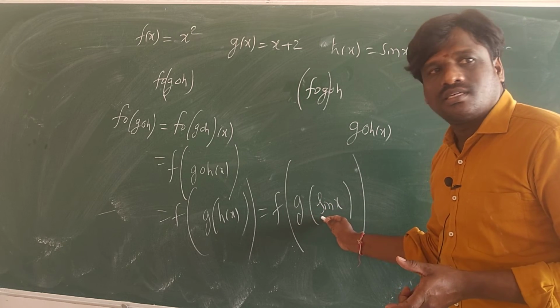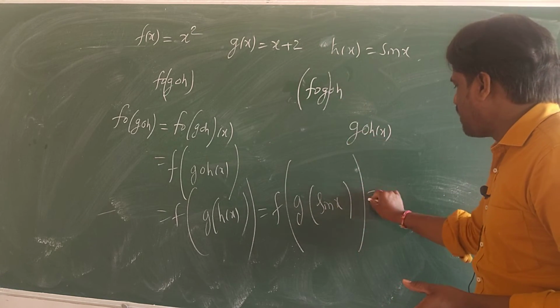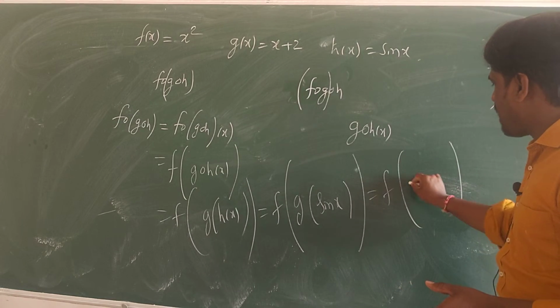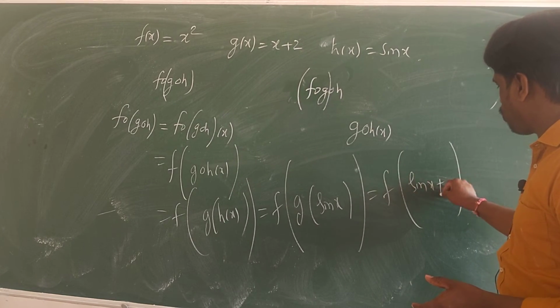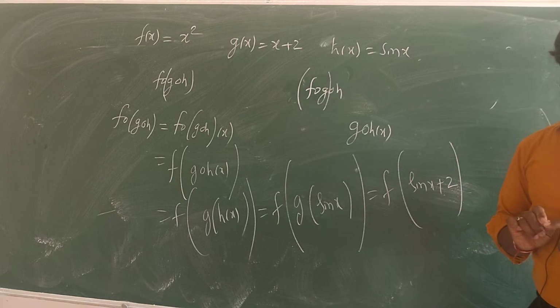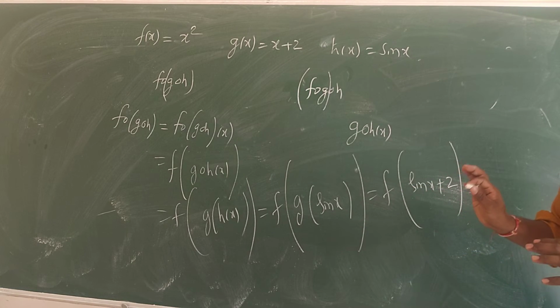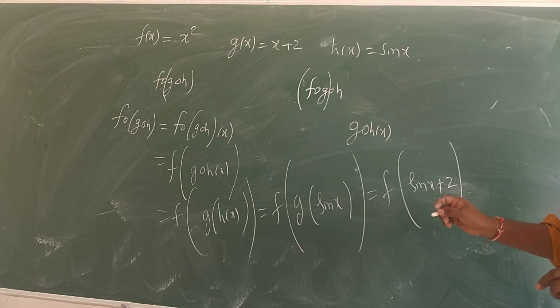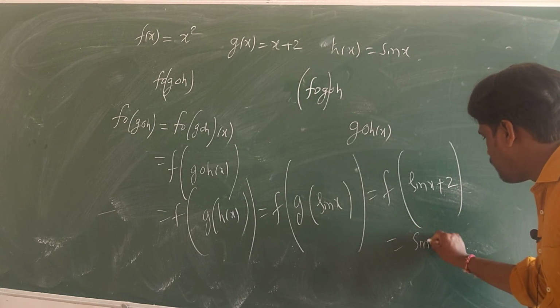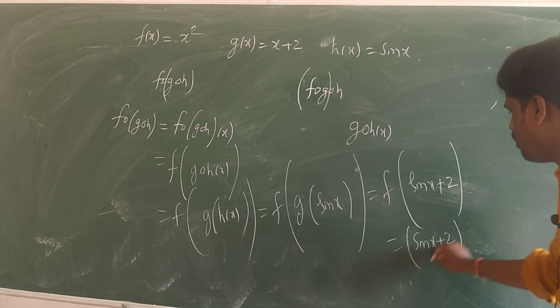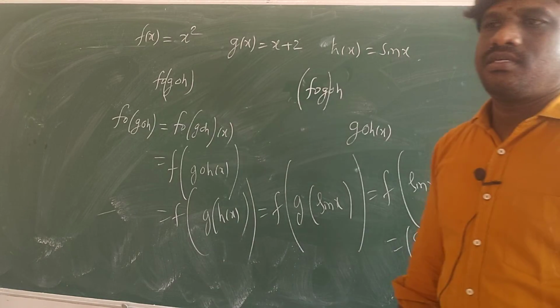Sin x. So the answer will be f of sin x plus 2 you will get. Now f of x is x square. So what is inside f now? Sin x plus 2. So the result should be sin x plus 2 whole square.